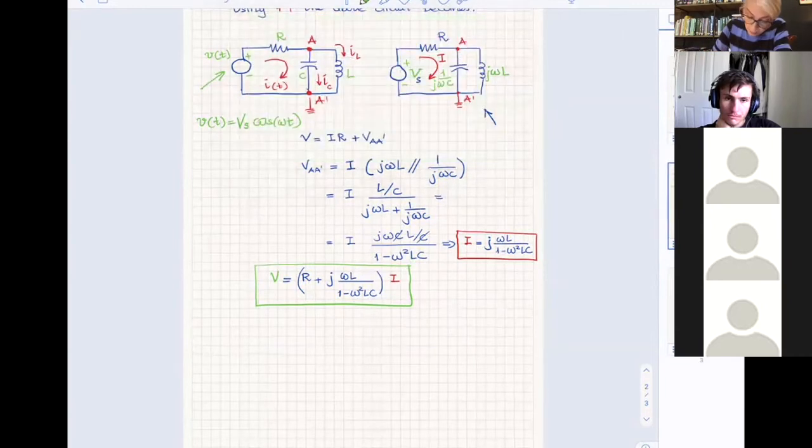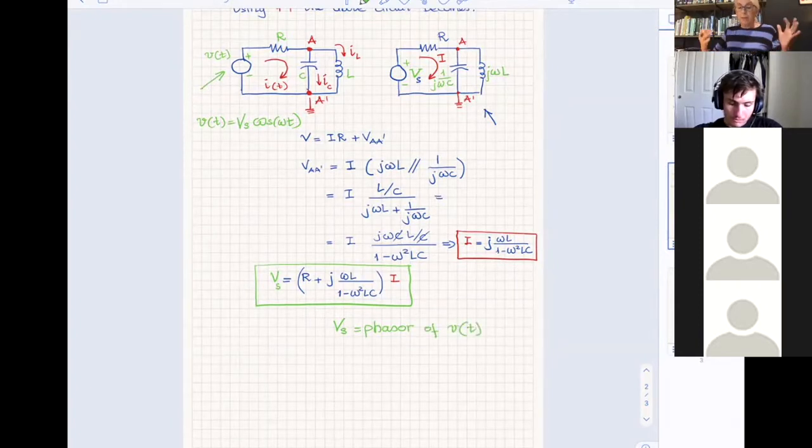And we found, therefore, an expression for V sub S in the phasor domain, where we call that V sub S the phasor of V of t.